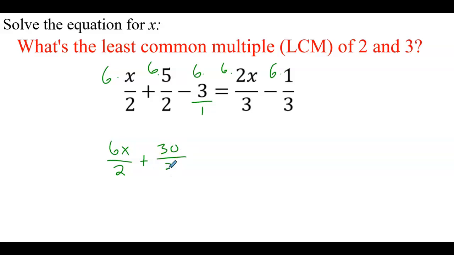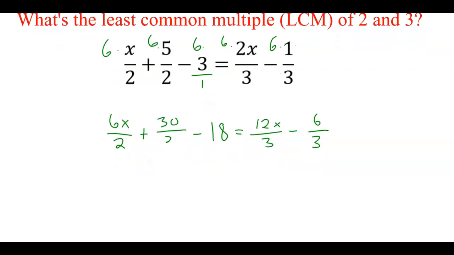And then minus 6 times 3 was 18. And then 6 times 2x would be 12x over 3. Minus 6 times 1 becomes 6 over 3. So all I did is I multiplied all of the numerators by 6.